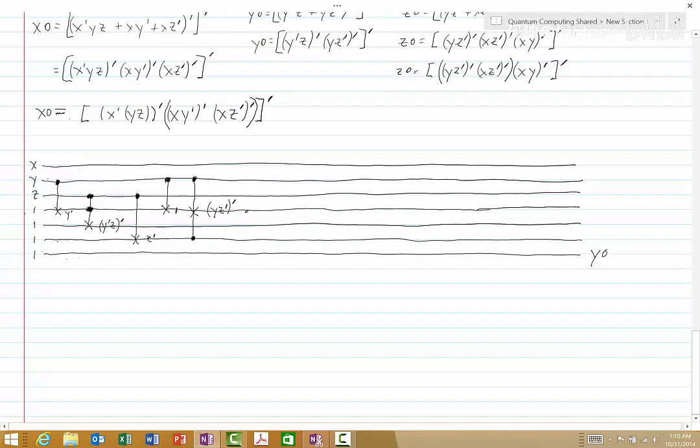So we'll take this and this down here to this line, which has a 1 coming in, and we should get Y0 equal to, well, I'll just say Y prime should be equal to the desired value.